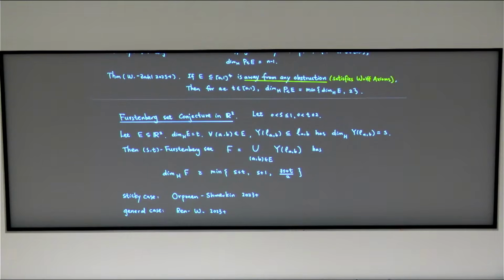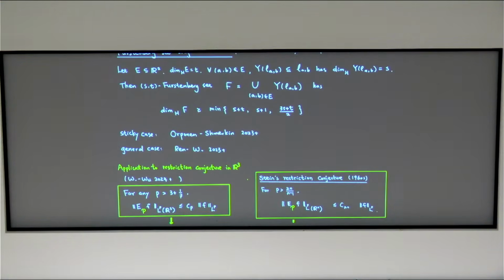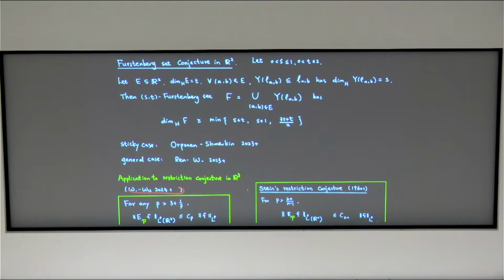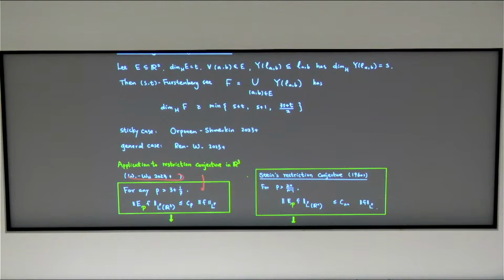That one we proved in 2 dimensions, and Alex Cohen found a counterexample in higher dimensions. I should also say that it's the 2-dimensional stronger version of the Furstenberg set conjecture that has application for the restriction conjecture in R3. So yeah, this is becoming maybe too technical.